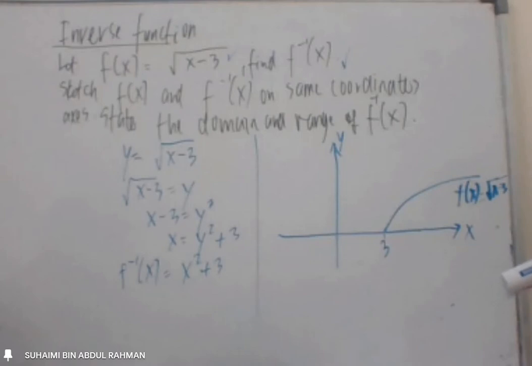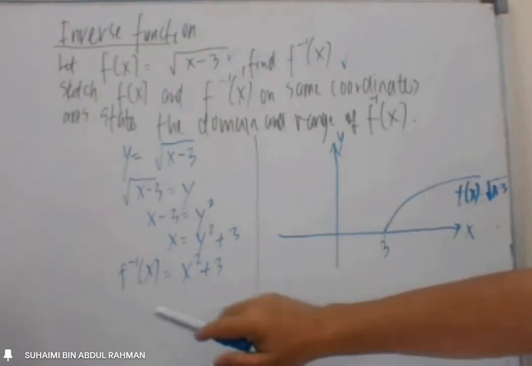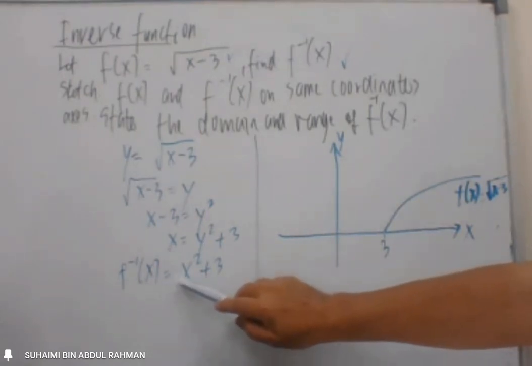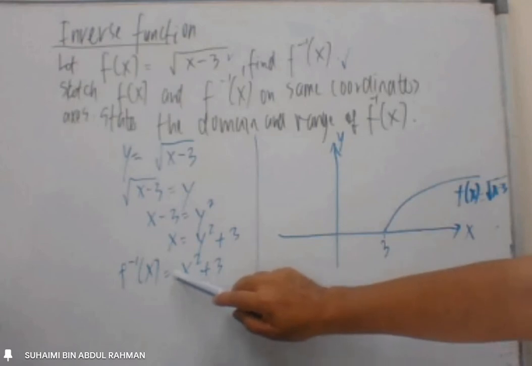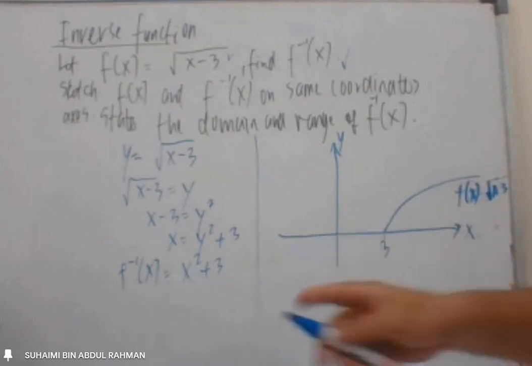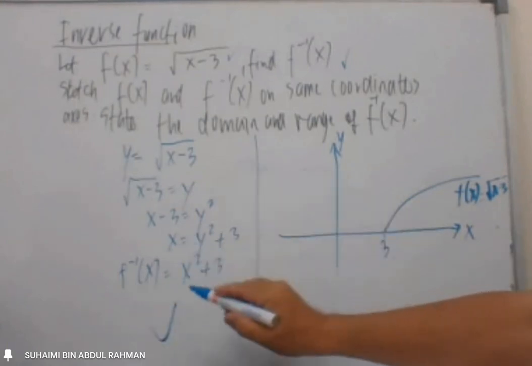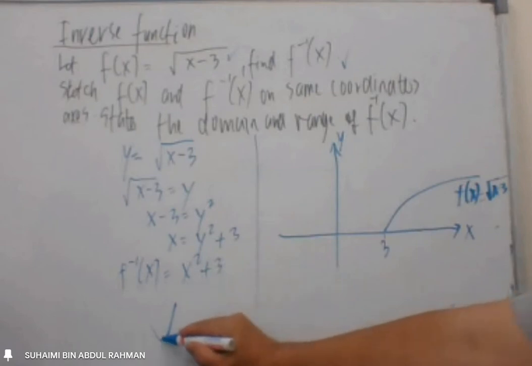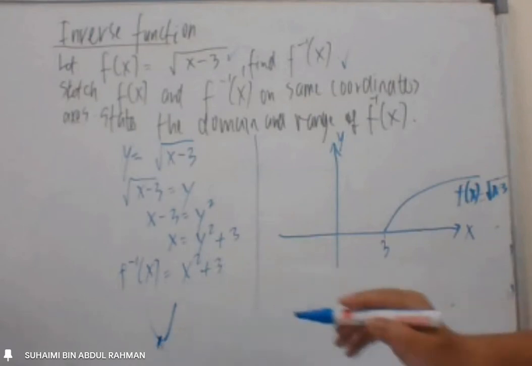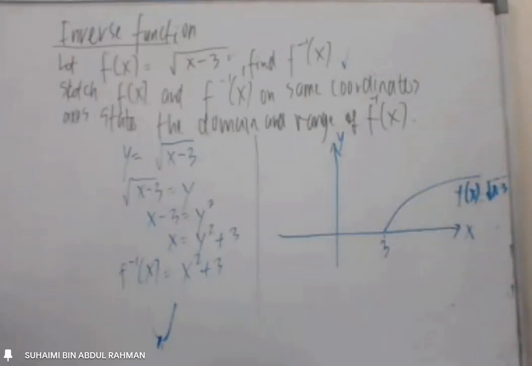Does it open up or open down? Open up. Why open up? Because x squared is positive. Remember the quadratic: when the coefficient is positive, the graph opens up. But for the graph of the square function, the vertex is at 0, 0. In our case, shifting where?